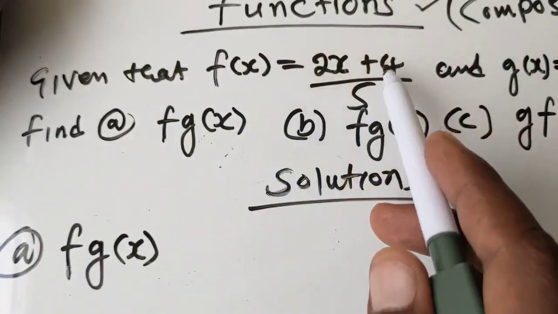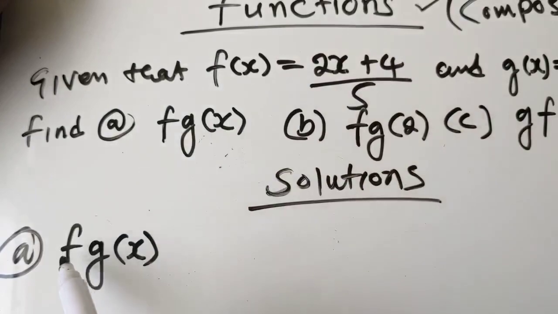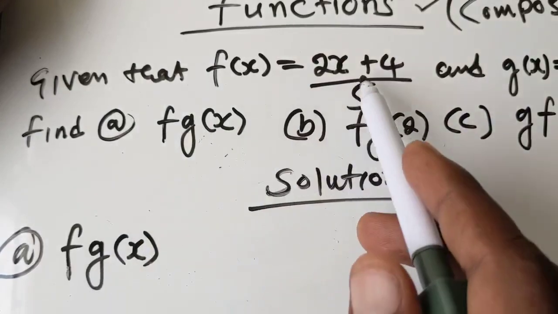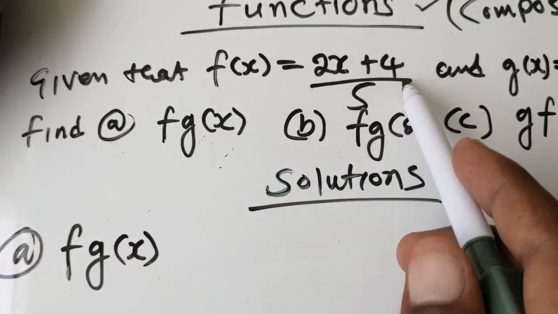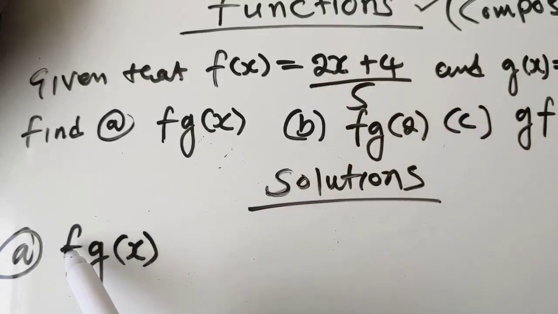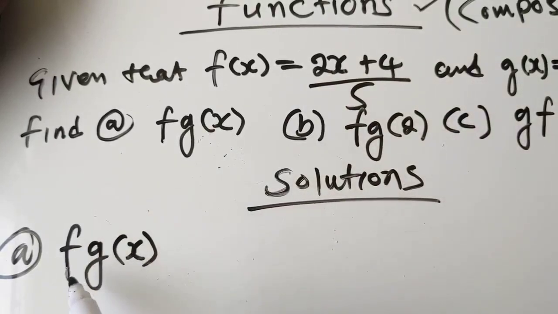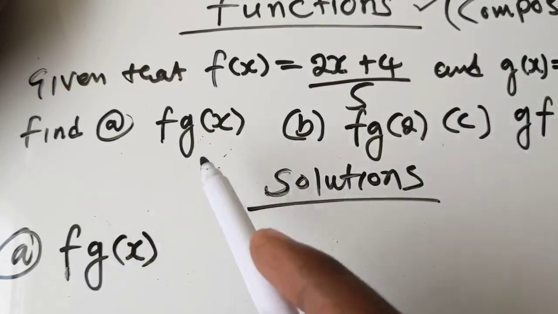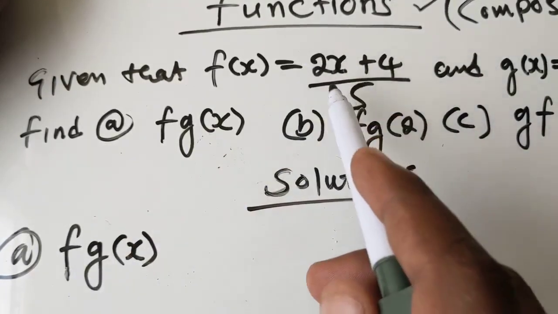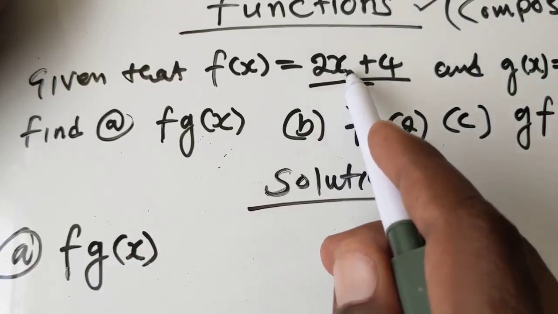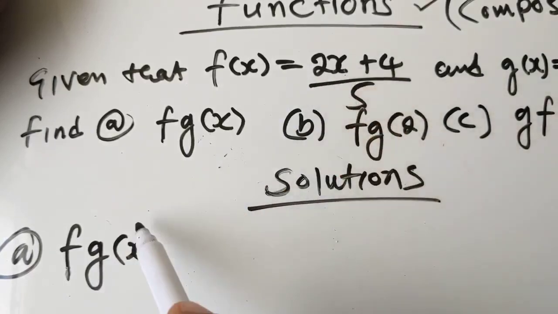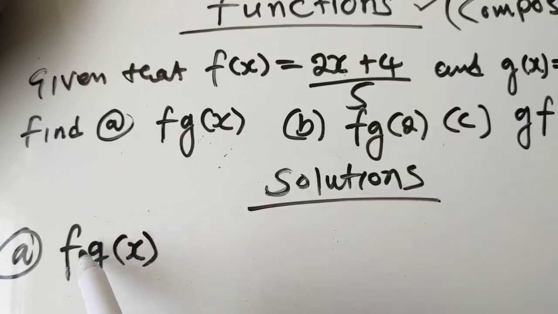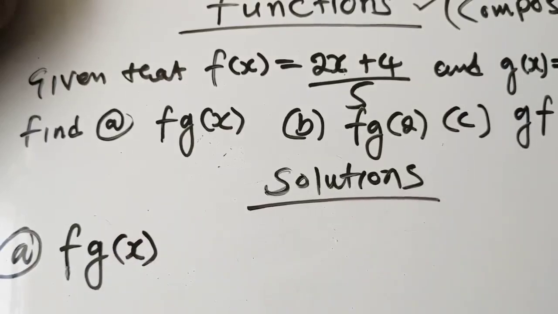You get this function and put it where there is f. Then where there is x in the function of f, you need to replace it with the function of g. What am I talking about?